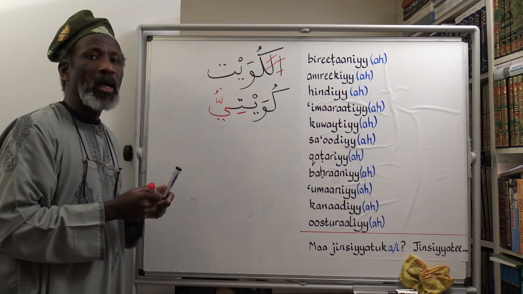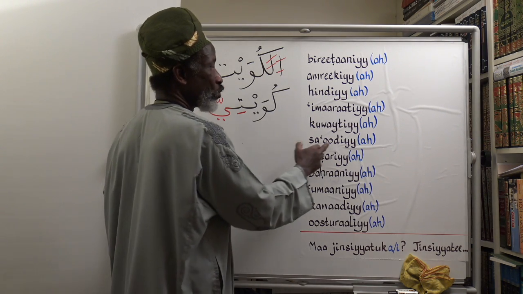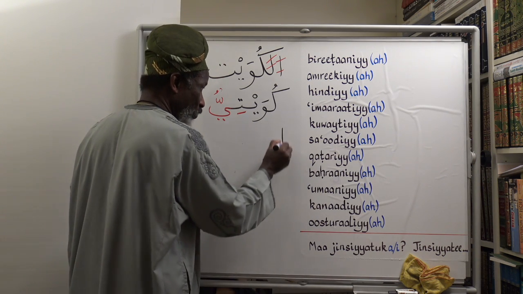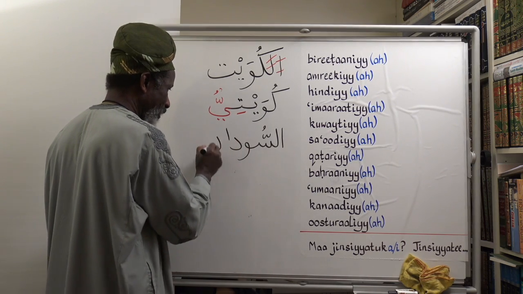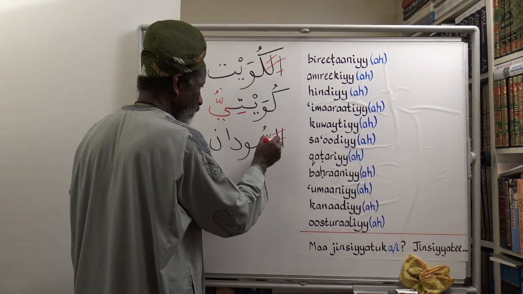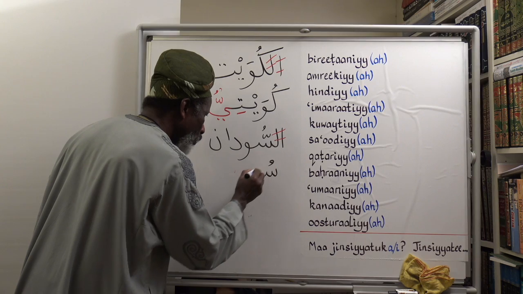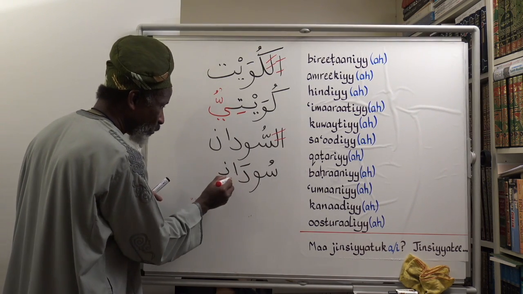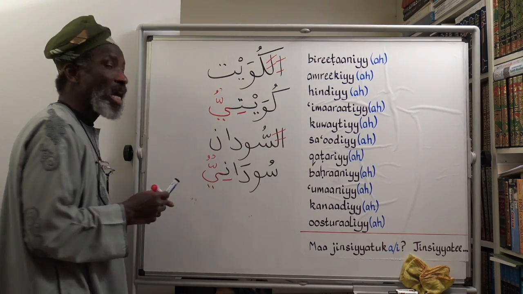Kuwaitiyun. Now it becomes Kuwaiti. That's a male. Sudani. The original is As-Sudan. So the last letter is your noon. You remove the alif wa lam again, and you end up with Sudan. The last letter, put kasra there and the ya with shadda. Sudani.